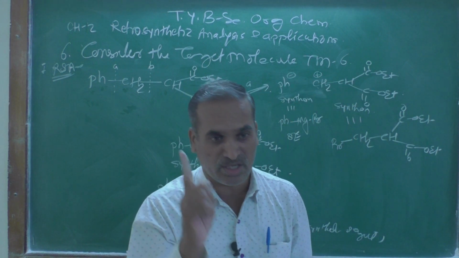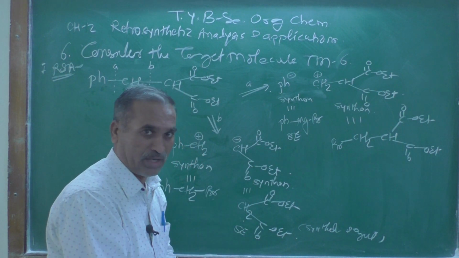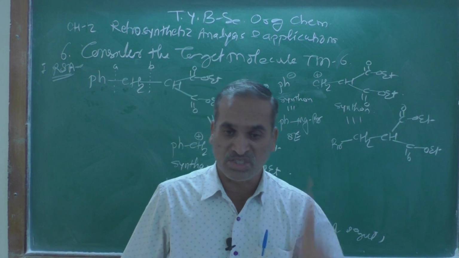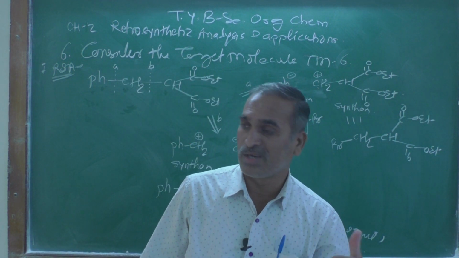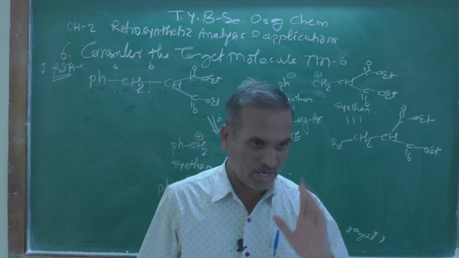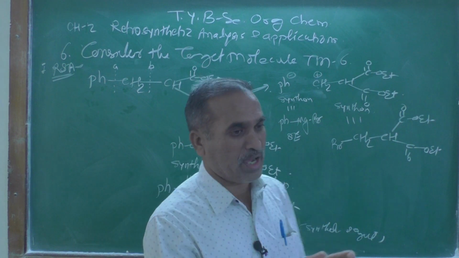And this is the malonic ester. Remember, this is the malonic ester which we discussed in our first chapter, right? The name of that chapter is carbanions and their reactions.